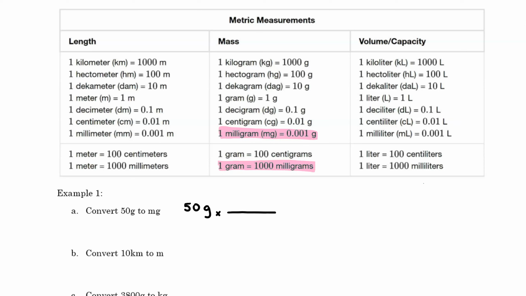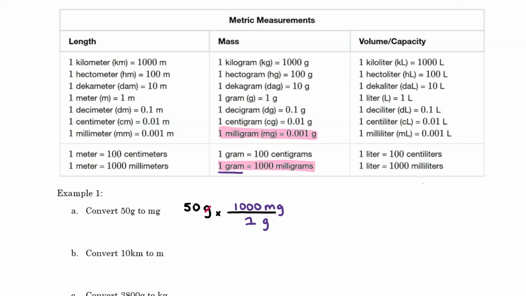Now, which one of those is going to be easier? Well, since I want grams on bottom to cancel, it's easier to have 1 on bottom. So I'll put my 1 gram on bottom and my 1,000 milligrams on top.